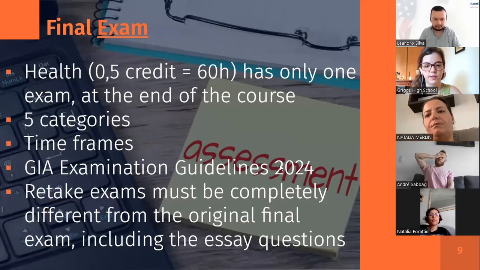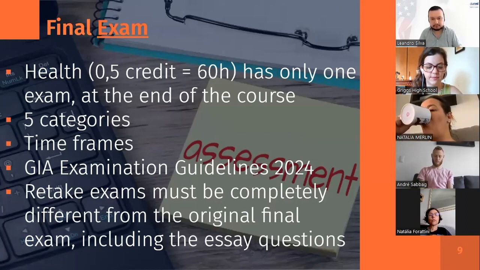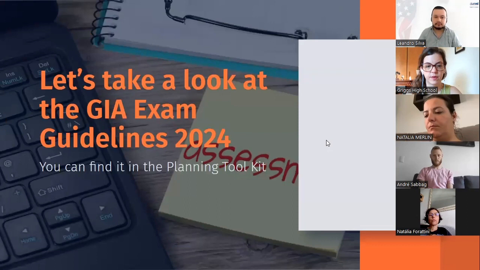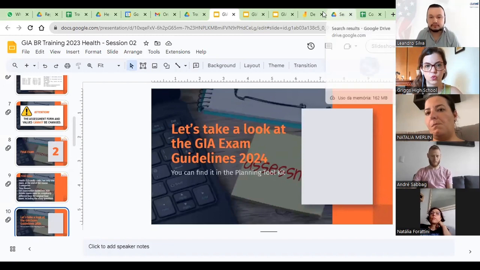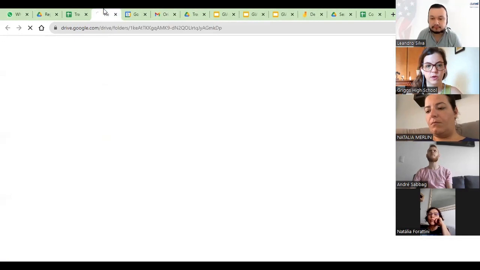In order to know all of this, you can consult the GIA Examination Guidelines 2024. And we also have the retake exams, which means if a student failed an exam or failed to take it, they have to take a retake exam, which must be entirely different from the original exam, okay? All right, so we're gonna take a look at the exam guidelines, which is here.